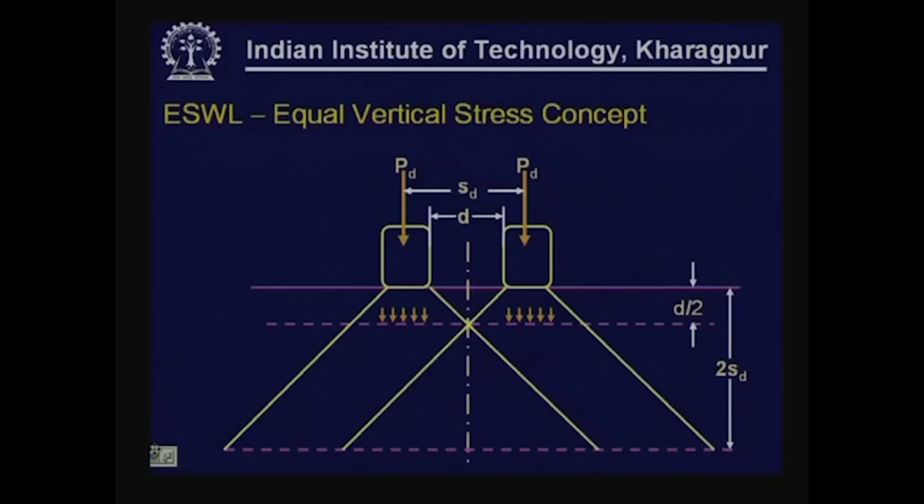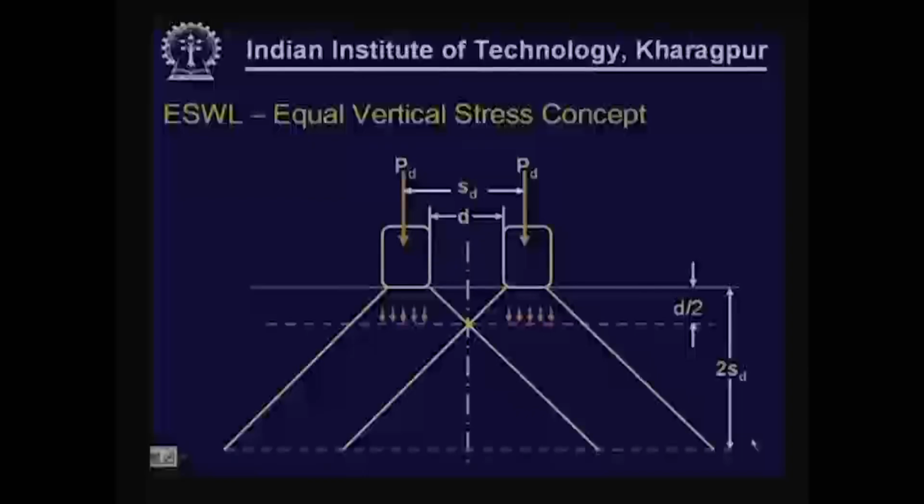So, at a depth of 2 SD or beyond, the overlap is of such significant magnitude, we can consider the stress produced at any given location within this overlap zone will be equal to that of the loads, that is the stress that is produced by PD left side wheel and the right side wheel combined together. Let us see how this concept can be used to compute equivalent single wheel load.